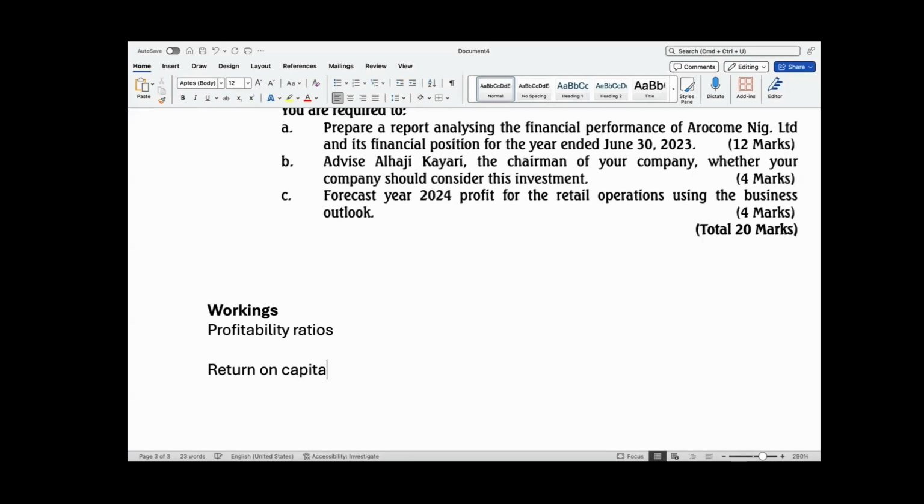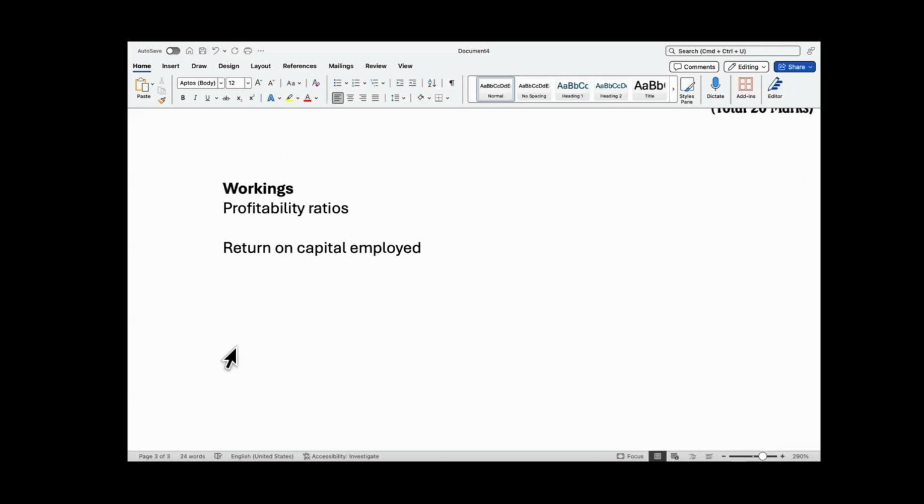Return on capital employed is simply my profits, let's use profit before interest and tax, divided by capital employed, multiplied by 100/1.